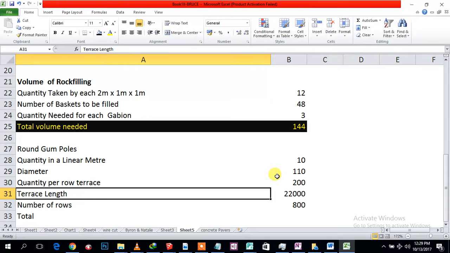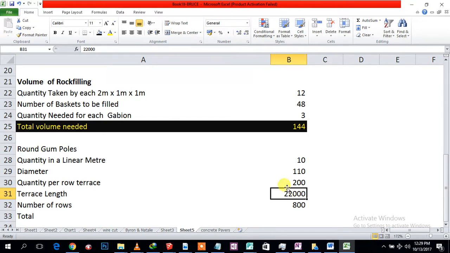I converted the meters into millimeters, so we have 22,000 millimeters. What will be the quantity needed per row?